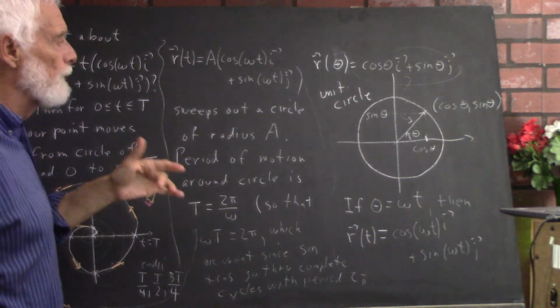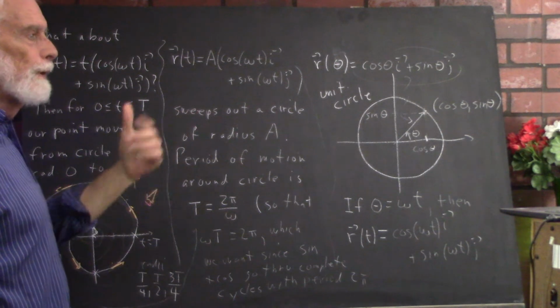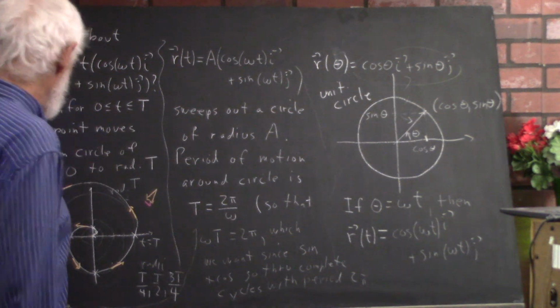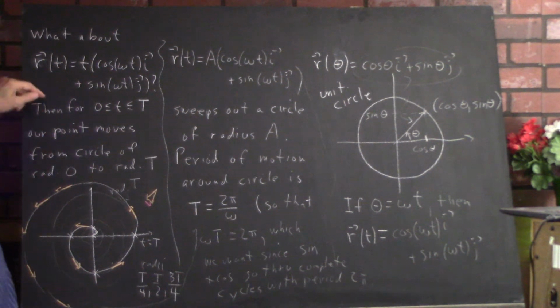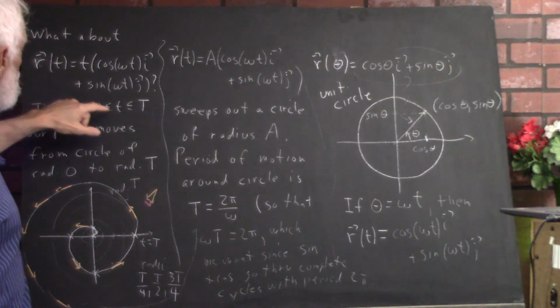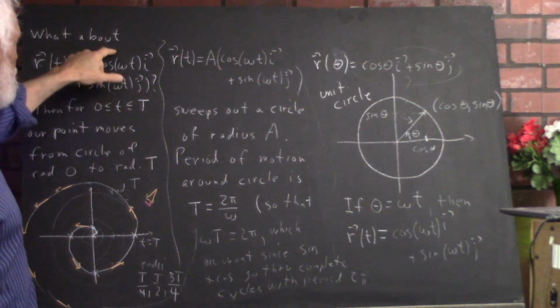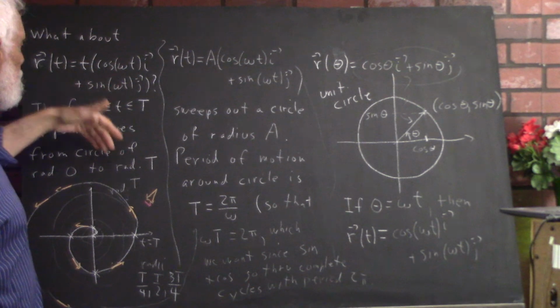The motion of the direction is periodic, but as we'll see, the motion isn't really periodic. So as t goes from 0 to big T, the angle goes from 0 to 2 pi.